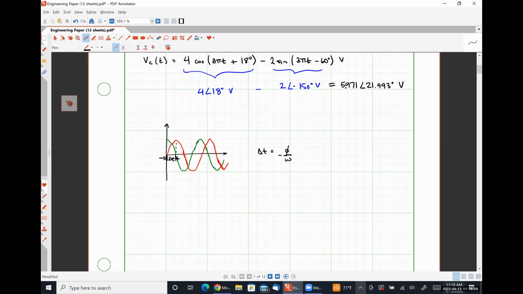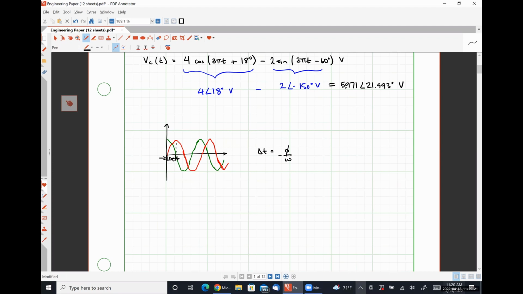Because that's angle units divided by angle units per second, which gives us a shift in seconds. So if we wanted to figure out our phase angle, we would simply take omega and multiply it by delta t, and that tells us what our shift is.